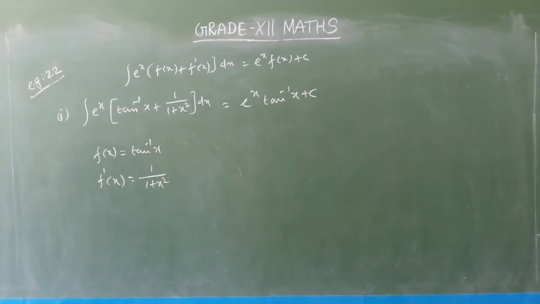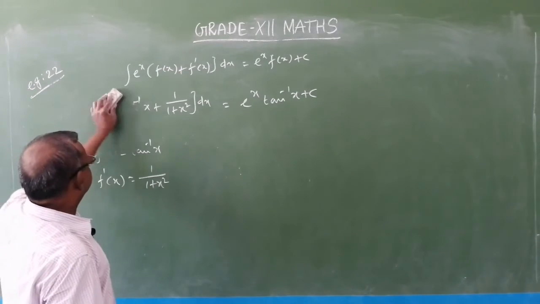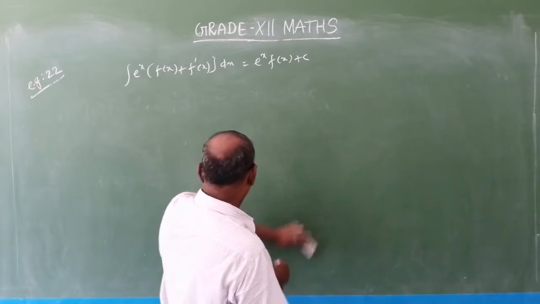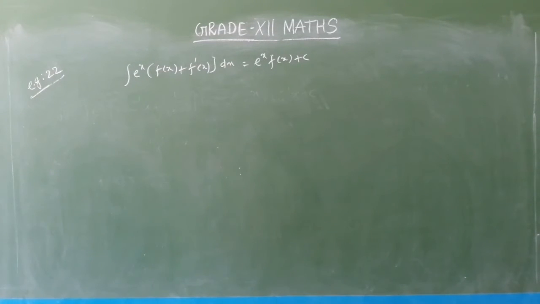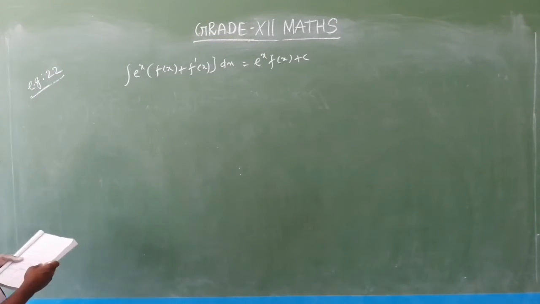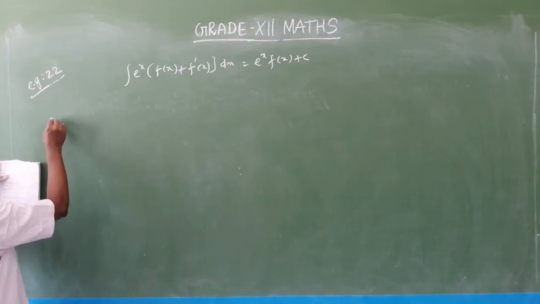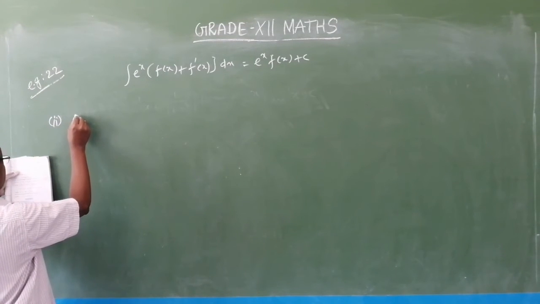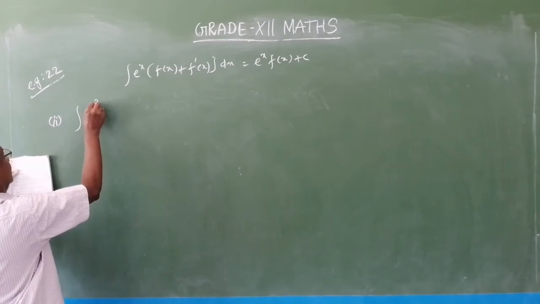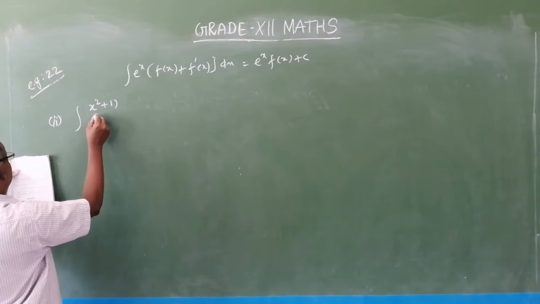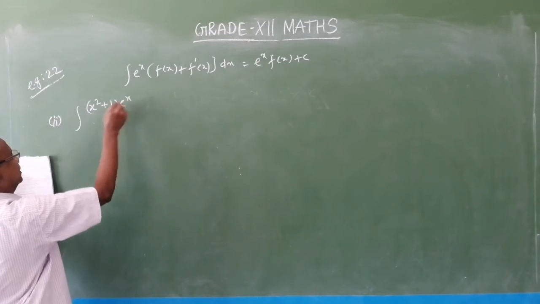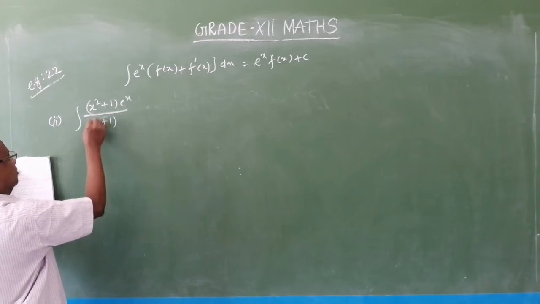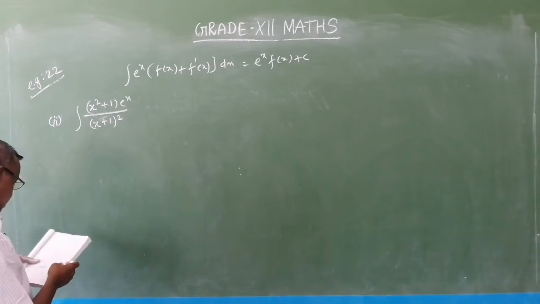Next, second type, second subdivision. In the second subdivision, we need to simplify the second function, that is f of x. So, the second subdivision is integral of x square plus 1 into e power x divided by x plus 1 the whole square into dx.